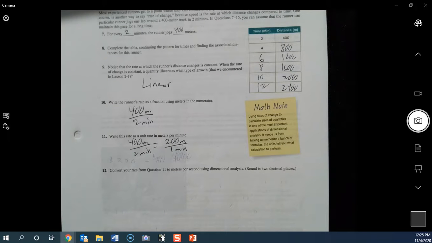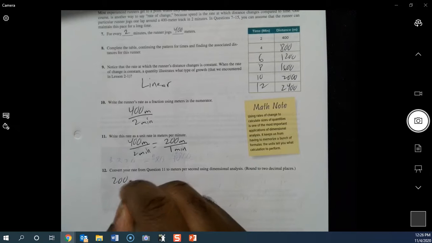Now number 12, it says convert your rate from question 11 to meters per second using dimensional analysis. Round to 2 decimal places. So we have 200 meters for 1 minute. Now we want to change this to meters per second instead of meters per minute.